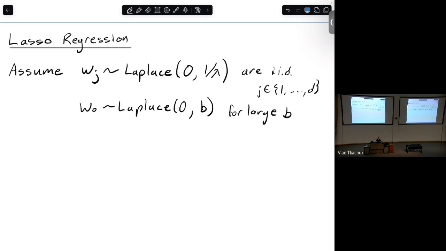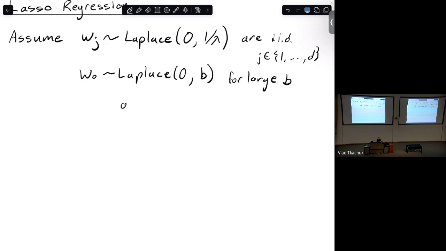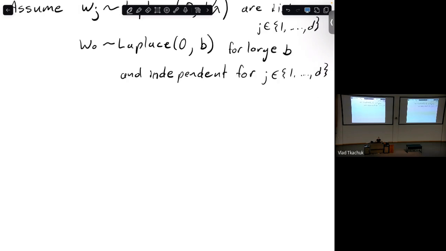for large b, or very large b. And then you also assume an independent noise for j to D. And then you do the same procedure.